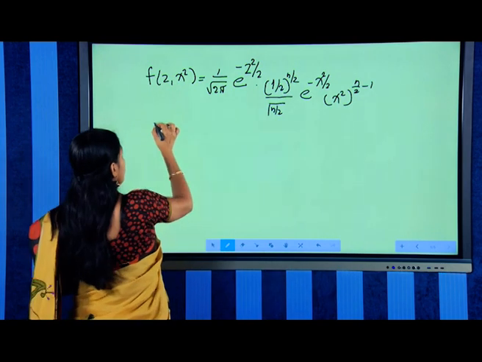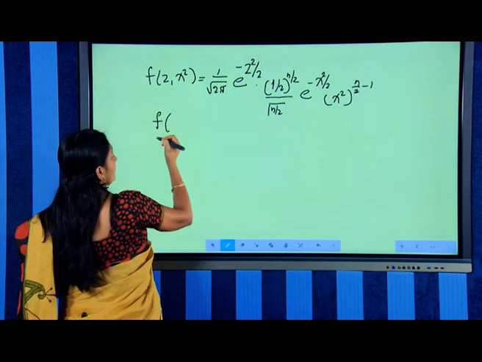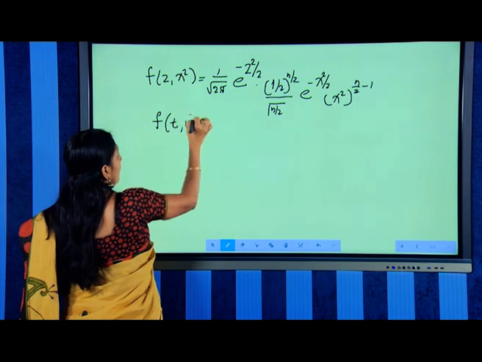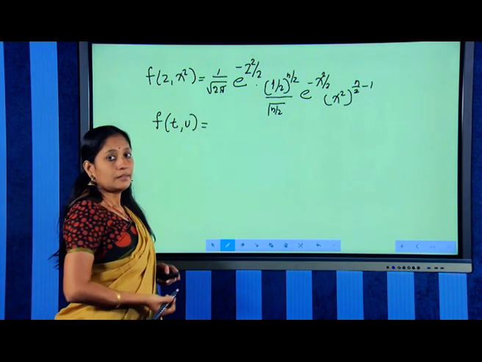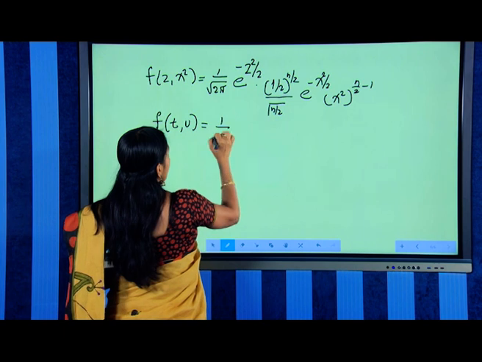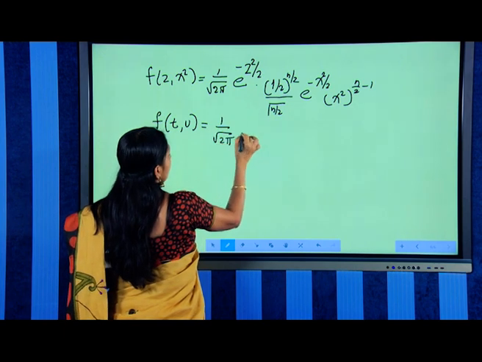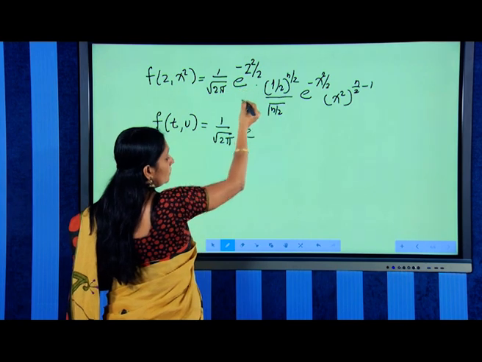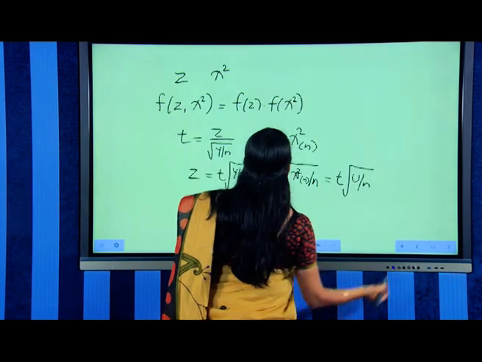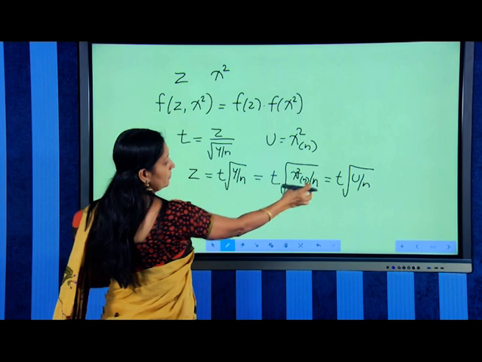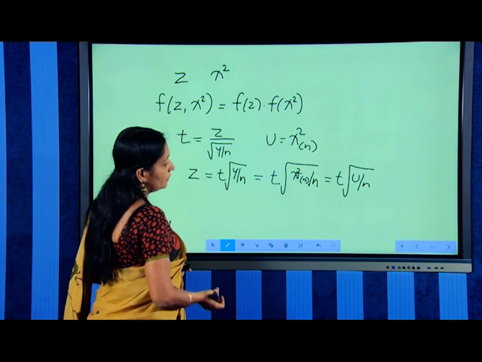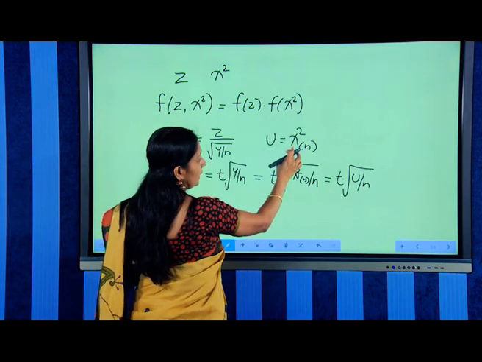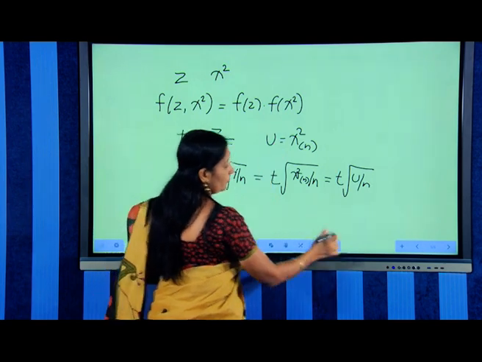Now, we can write f(t, u) as 1 by root 2 pi e raised to minus, in the place of z you have to write t root u by n, and also in the place of chi-square you have to use u.